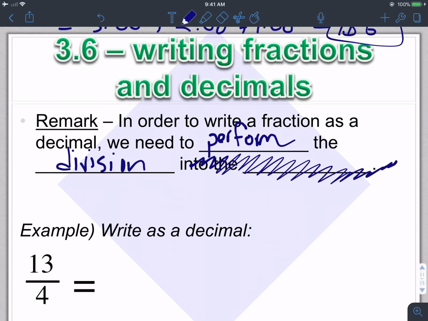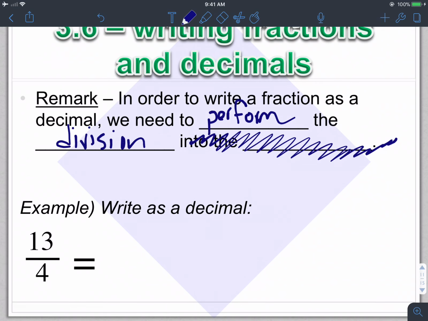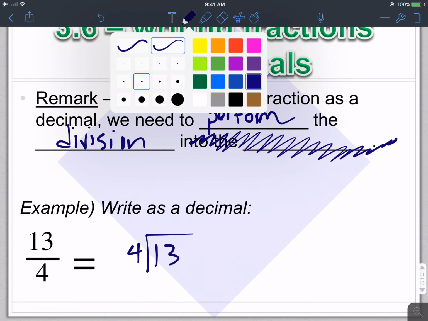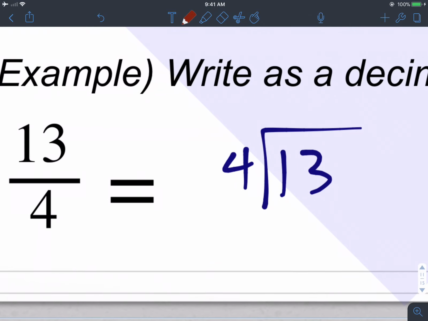Oh, yeah. Divide the numerator into the denominator. Or denominator into the numerator. You're totally right. So perform the division. 13 divided by 4. I like this class. It's good.